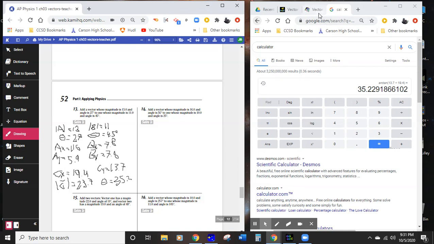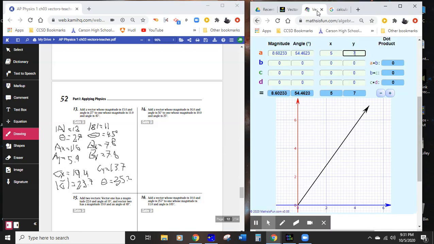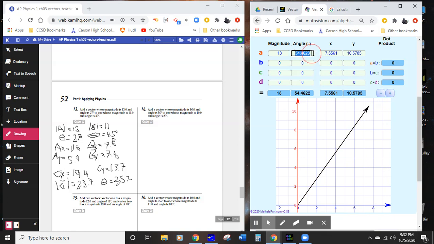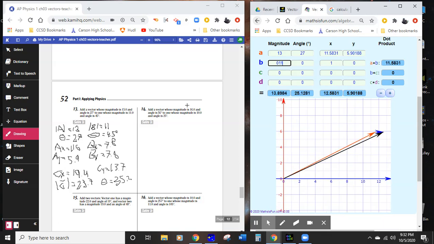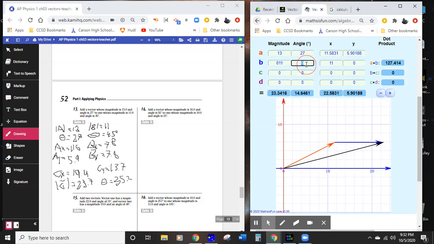So we should learn how to do this by hand, but let's do this again using the vector calculator, which is much easier. Here we have two vectors we're going to add. The magnitude of vector A was 13, and the angle was 27 degrees, okay? And here are the x and y components. Vector B had a magnitude of 11, and the angle was 45 degrees.